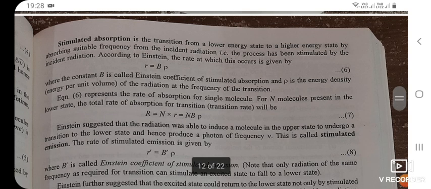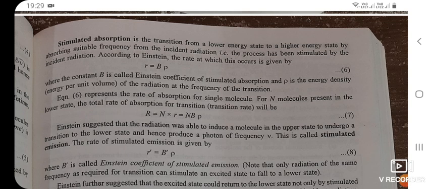Stimulated absorption is the transition from a lower energy state to a higher energy state by absorbing a suitable frequency from the incident radiation, that is, the process has been stimulated by the incident radiation. According to Einstein, the rate at which this occurs is given by R equals B rho, where the constant B is called the Einstein coefficient of stimulated absorption and rho is the energy density, energy per unit volume, of the radiation at the frequency of the transition.